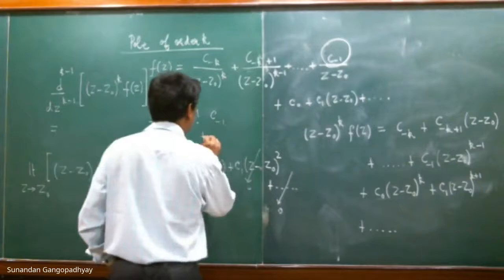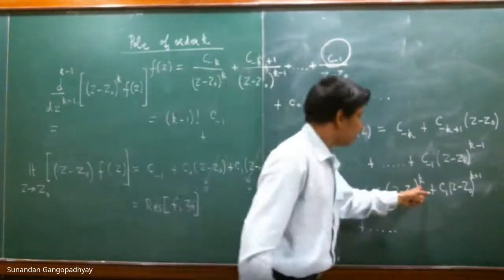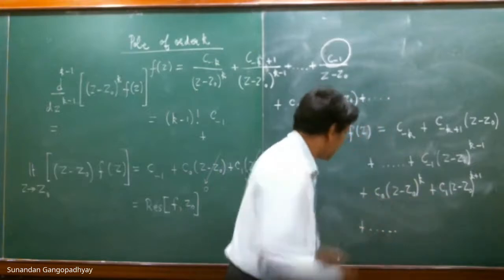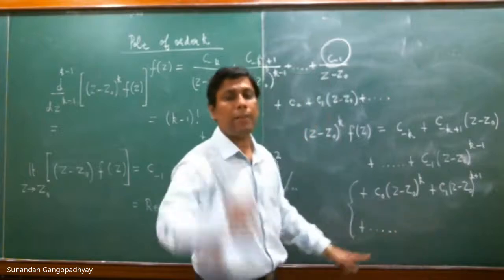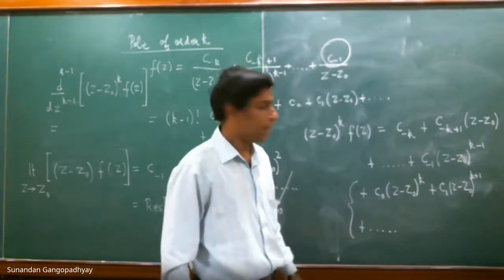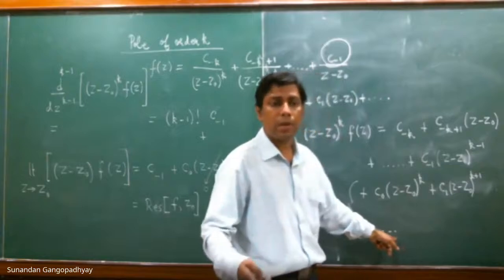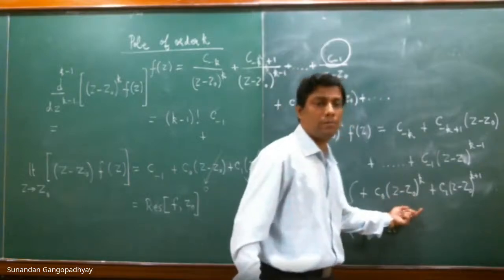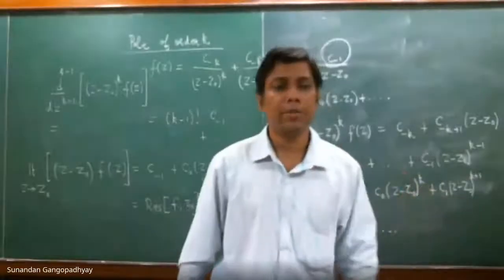And you will have terms whose powers are more than k minus 1, so after differentiating k minus 1 times with respect to z, all these terms will have some positive power of z minus z naught.